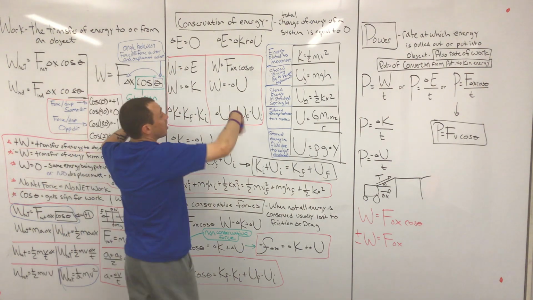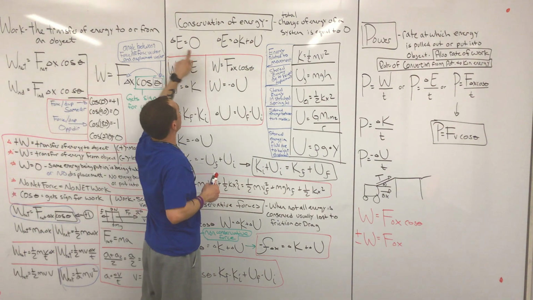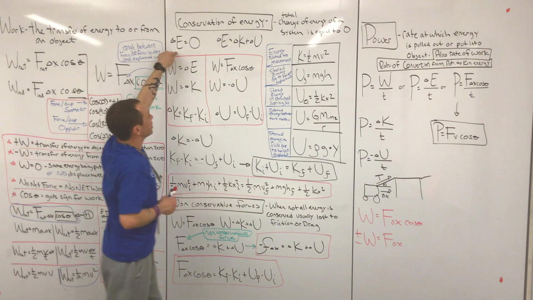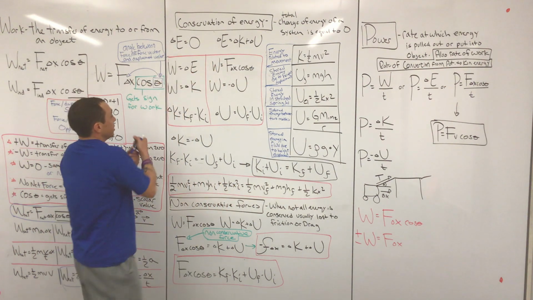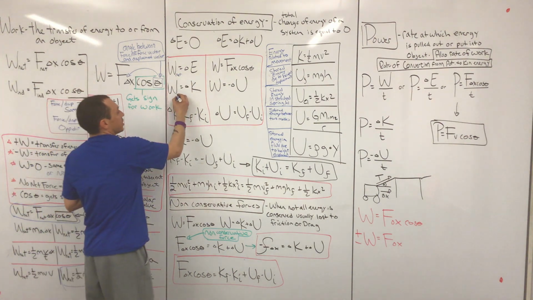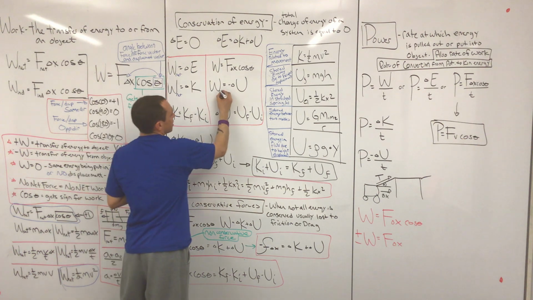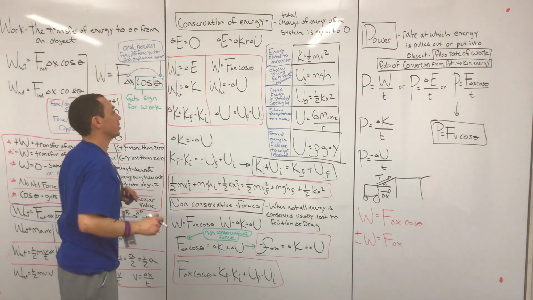So, because of all these things we said, let's just kind of talk about some stuff. Because work's equal to the change, right? We know that the change in energy is equal to the change in K plus change in U. We also know the change in energy is equal to the net work. How much work is being done? Okay, we also know that the net work is equal to the change in kinetic energy, and the net work is equal to the negative change in potential energy, okay?